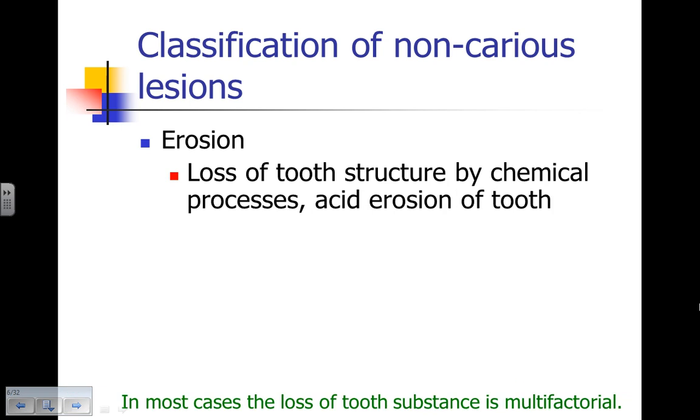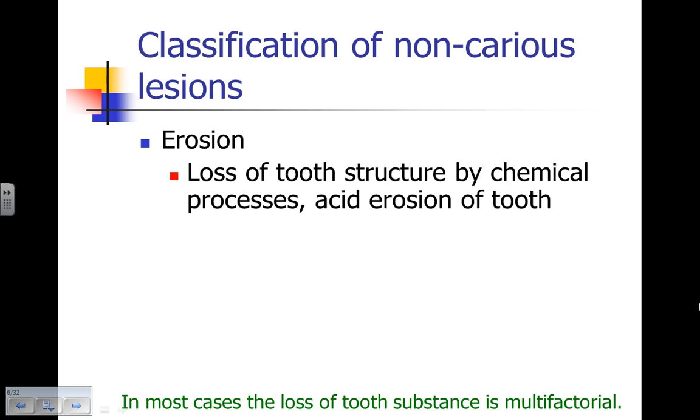Erosion refers to loss of tooth structure by chemical processes, typically acid erosion of the tooth, due to foods and beverages that are acidic that we eat and drink. And then erosion leaves the enamel rods and dentin softer, and when we brush with a toothpaste, we're now going to abrade it off.